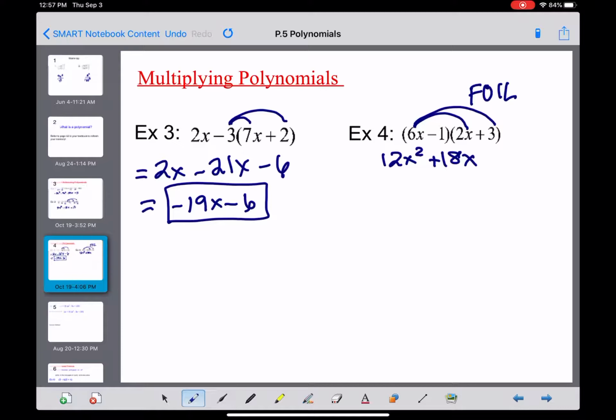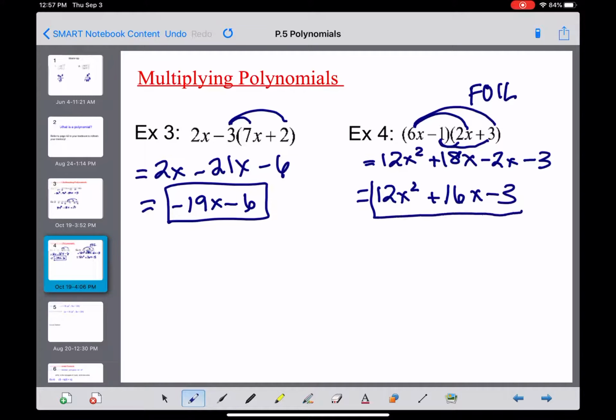And then your inside, this negative 1 is going to distribute to both of them. So we have a negative 2x and a negative 3. So this gives me 12x squared plus 16x minus 3. And that's a review of how to multiply two binomials.